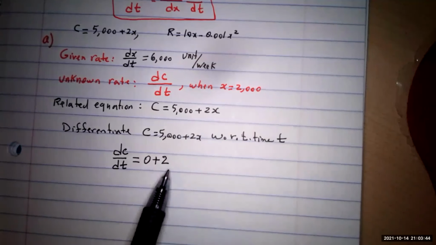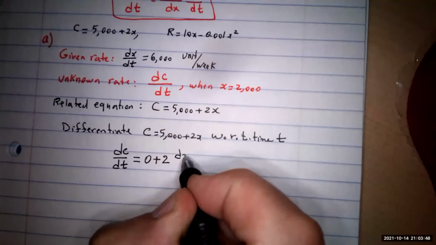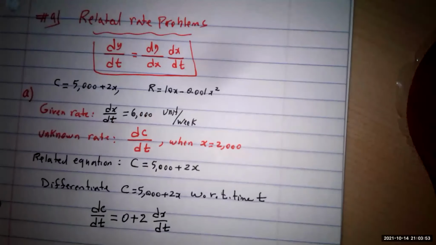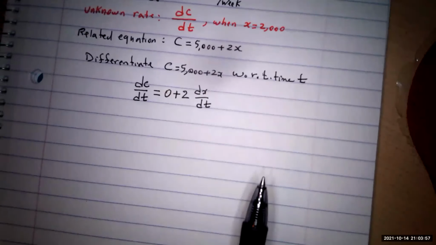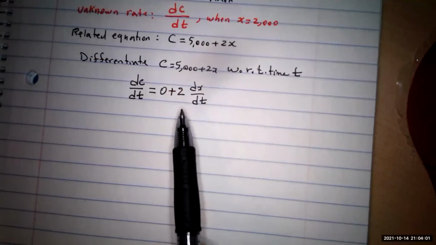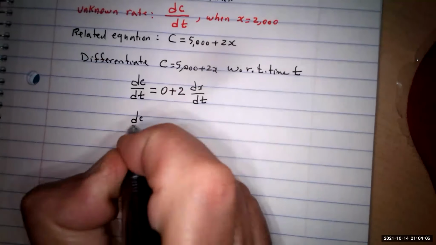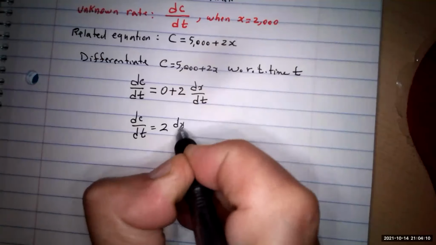So it's going to be 2 times dx/dt. You differentiate using the power rule, but you have to multiply by the rate of the variable. So the derivative would be 2, but the rate would be dx/dt. So you have dc/dt equal to twice dx/dt.